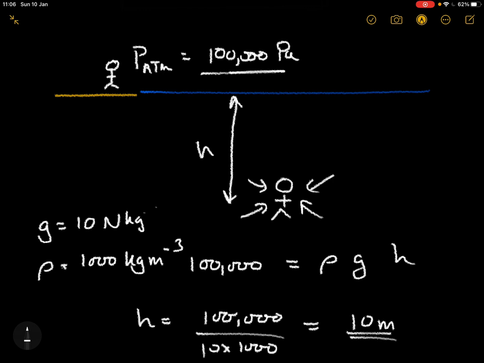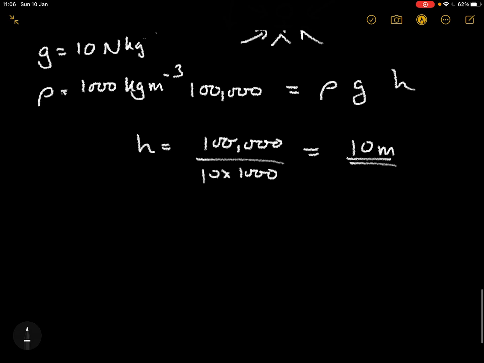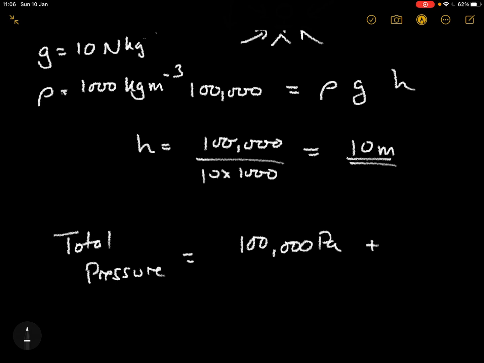Now, just so you're aware, when you dive underwater, this air pressure is still there. The total pressure exerted on you will always be 100,000 pascals plus whatever you've got from the pressure due to the liquid, most normally water. Very few people are diving into mercury.